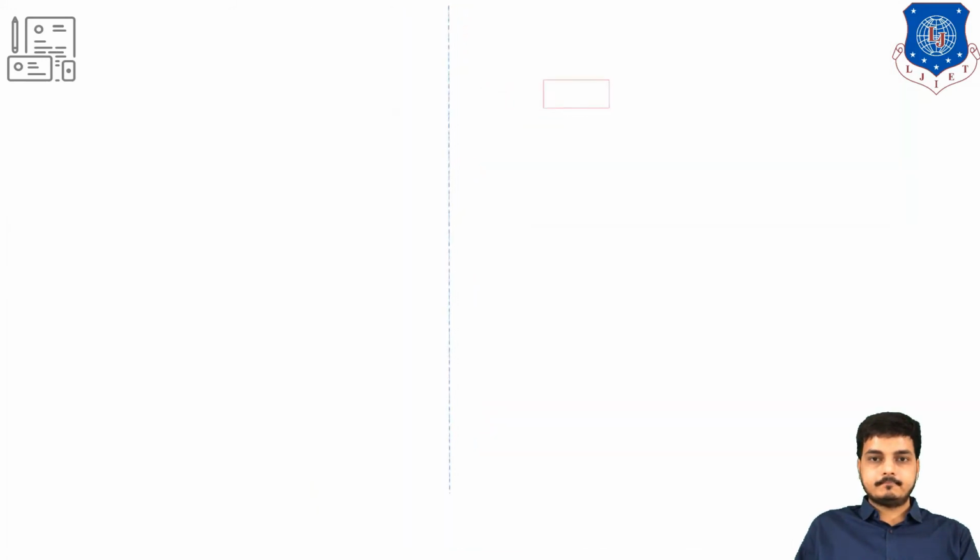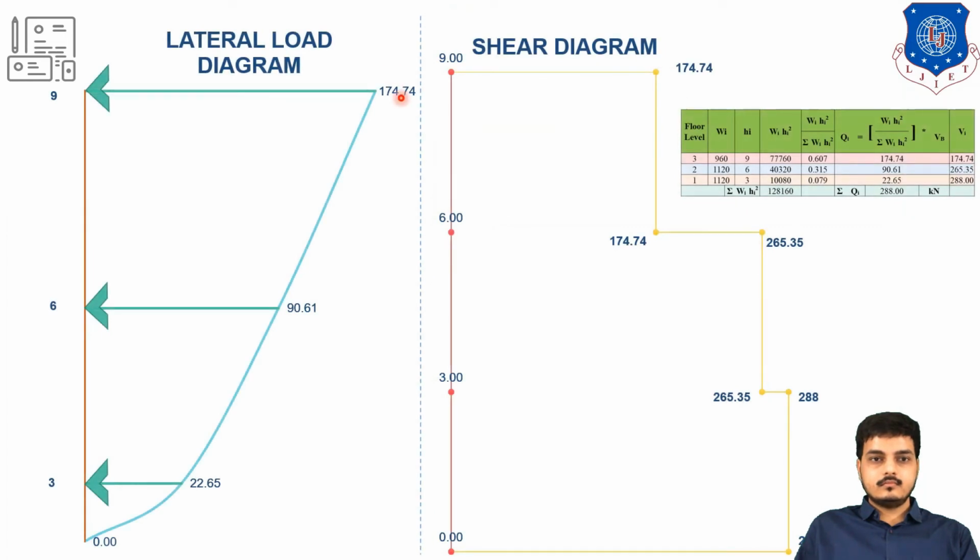Now look. This is our lateral load diagram. At the bottom it is 0, at 3 meter it is 22.65, so this is the lateral load Qi. Then for 6 meter it is 90.61 and for this 9 meter it is 174.74.